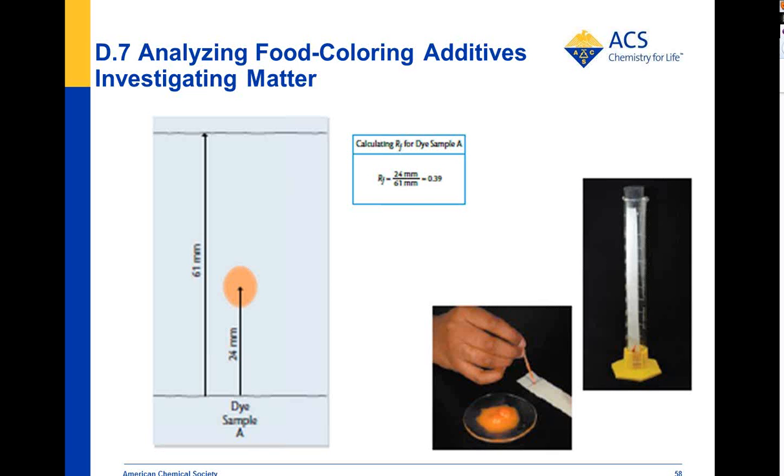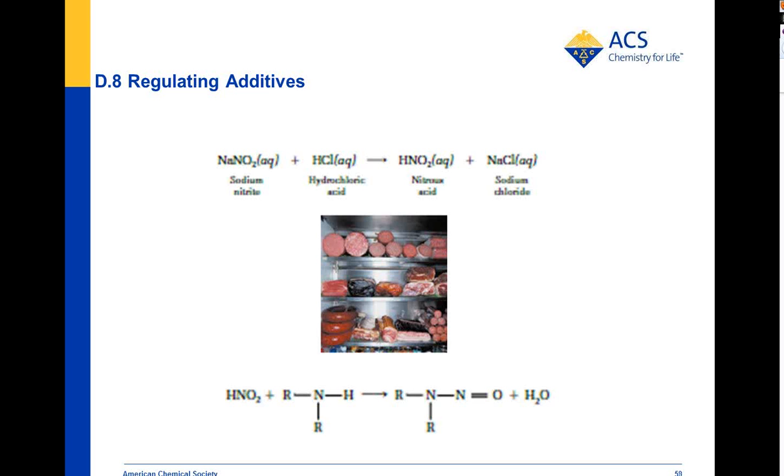Okay, thank you. All right, then in the next section, we're going to be taking a look at regulating additives. Many of my students have heard that some salad bars note that they don't use nitrites, because some people are allergic to them.